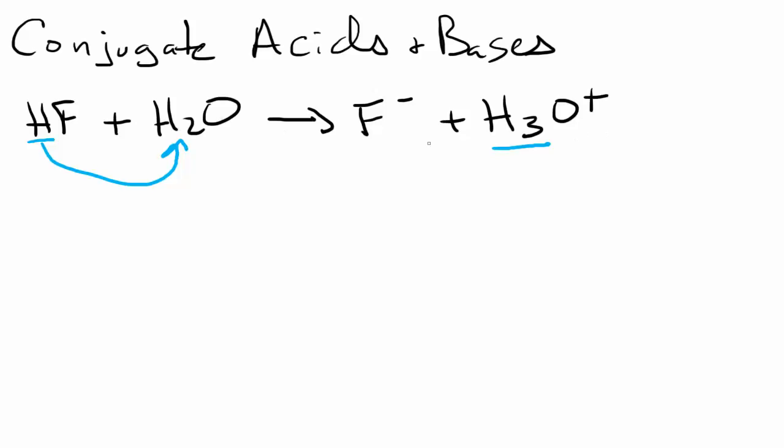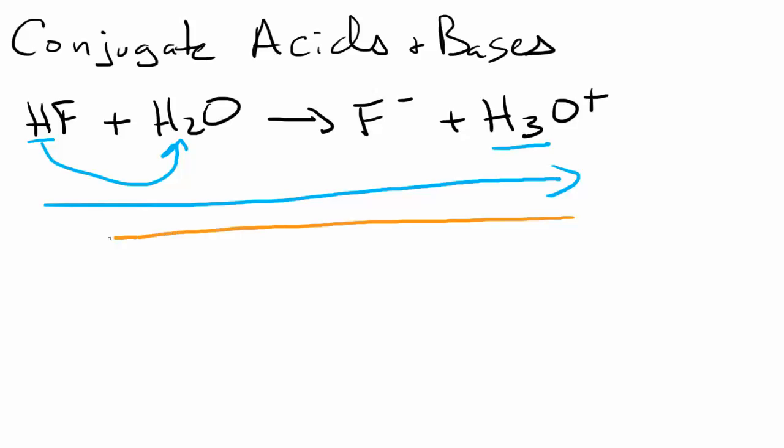So we see that in the Bronsted-Lowry definition, hydrogen fluoride is a Bronsted-Lowry acid, and water is the Bronsted-Lowry base. So what's this new idea of the conjugate acid and conjugate base? Well, when we first think about this reaction, we think about it proceeding in this direction as the arrow indicates. But often chemical reactions can actually go both ways. So let's think about it going the opposite way for a second.